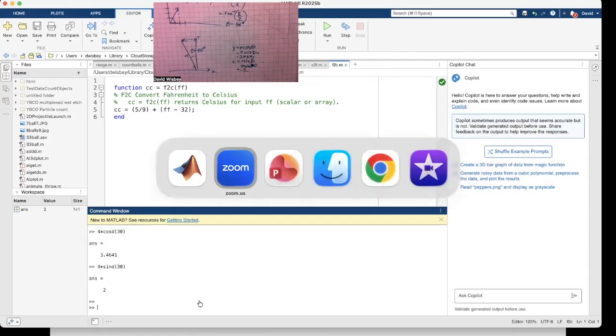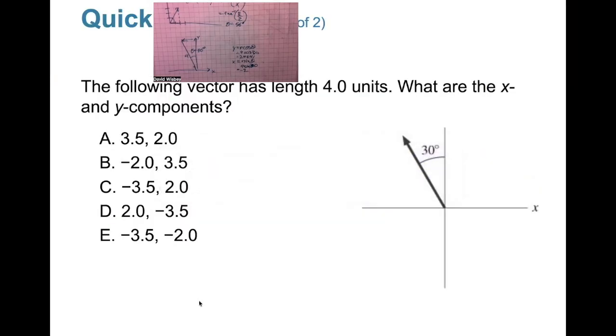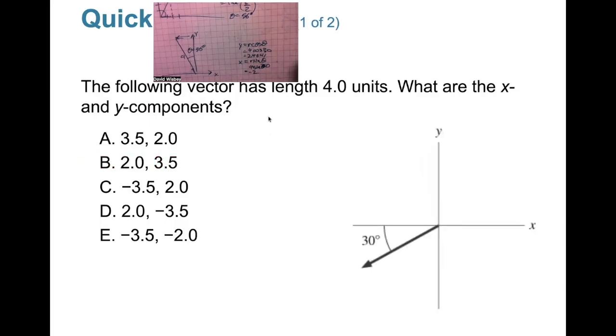Let's go back and see what it was asking us for. Yeah, it's going to be -2 because we're going over this way. So x is -2 and y is 3.46 or 3.5. And so it looks like the answer is B. All right. Oh, we got another one.